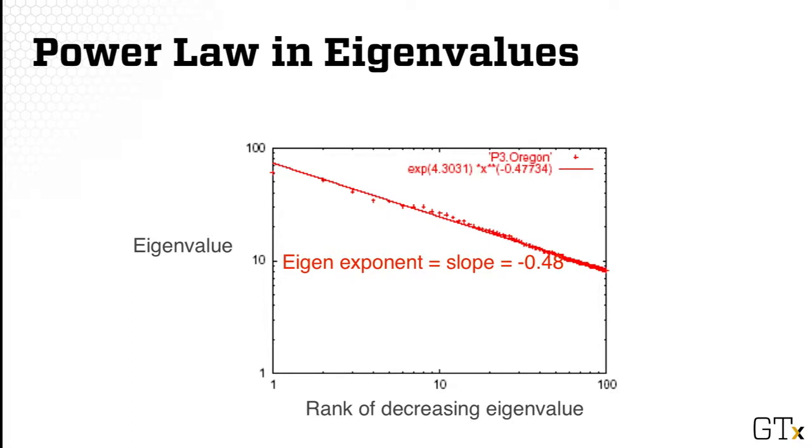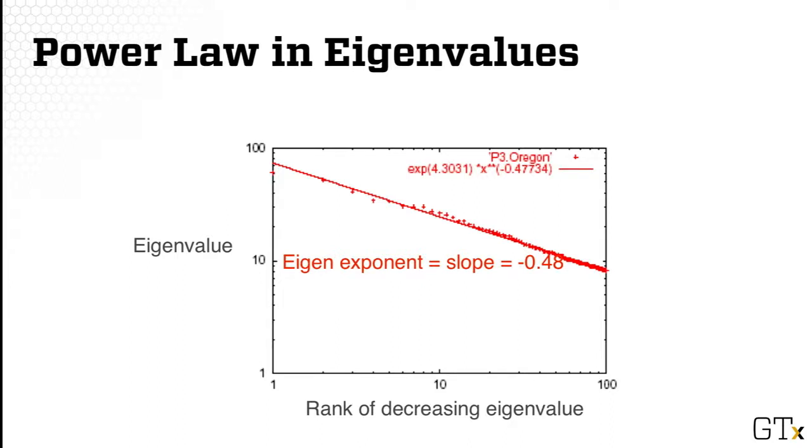This is a reminder of the power law. Here, vertical is the eigenvalues, and horizontal is the rank of the eigenvalues. Towards the left are the greater eigenvalues, and very quickly, once you step to 10, 20, or even 100, the eigenvalues drop really, really quickly.